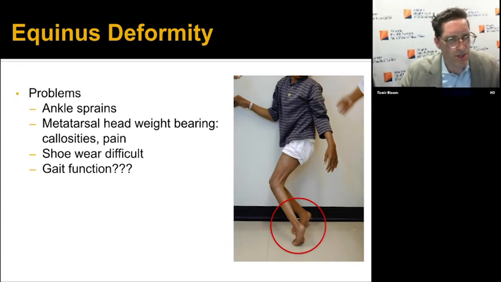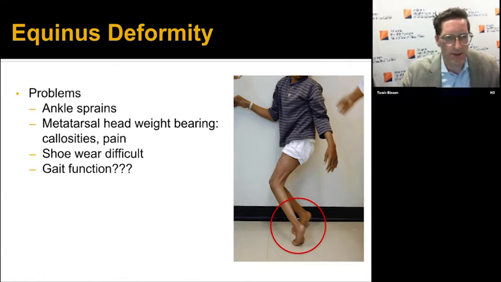So if we just focus on one deformity, if we just focus on the ankles, we can see that this child is standing on their toes, or what we call an equinus deformity. And if we take a history of and talk to the patient and their caregivers, as well as perform a physical examination, we can find that some of the problems that they may encounter include ankle sprains, as walking on your toes can decrease the stability of the ankle.